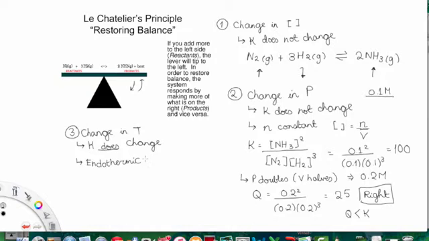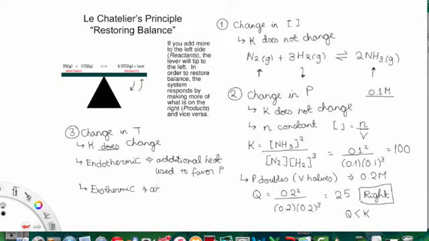Let me write that here for you: endothermic, additional heat used to favor product formation.